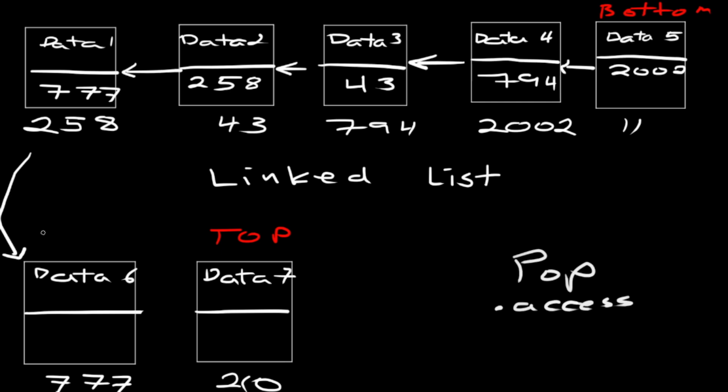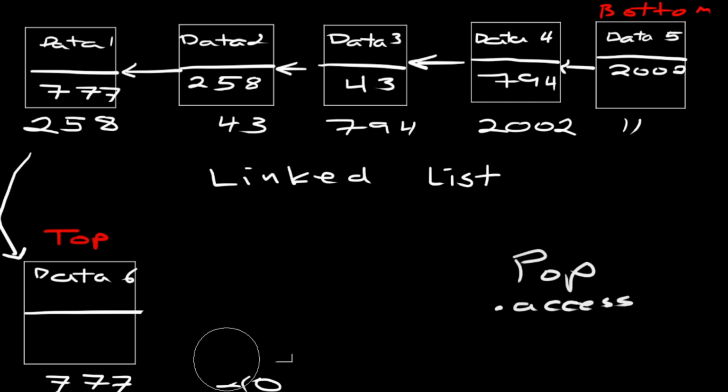Then what we need to do is reassign our second piece of data to the top. So now it's the first data. So now our data 7 is completely out of the stack and it's not called the top anymore. And since we've accessed it, we can either do something with this, move it to a different spot, maybe into another stack, or maybe we're done with this data so we can just completely dissolve it from the system's memory, right?